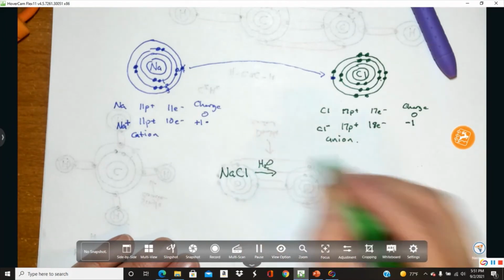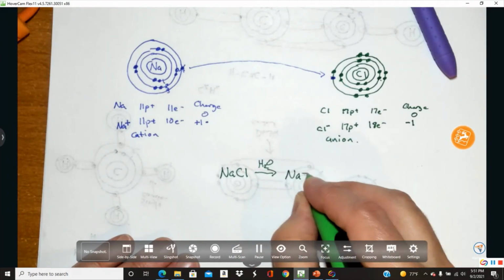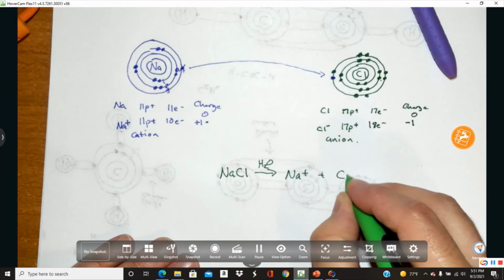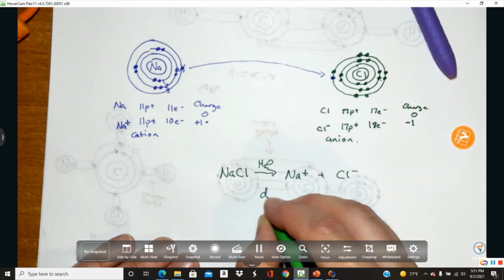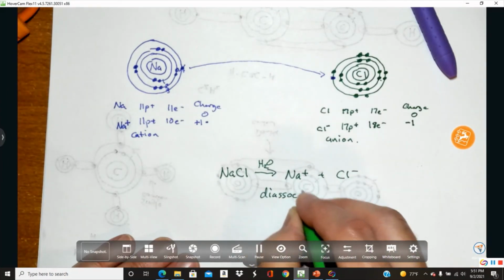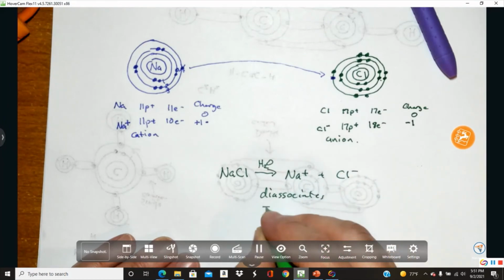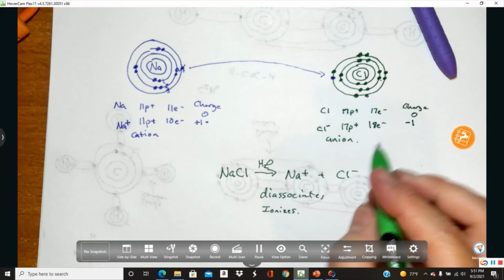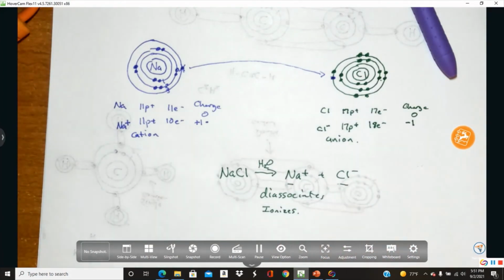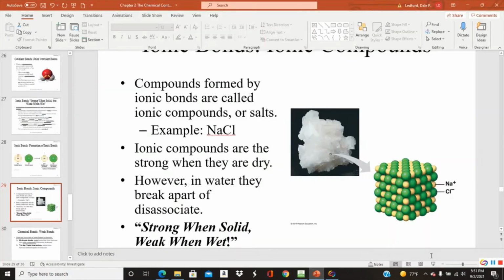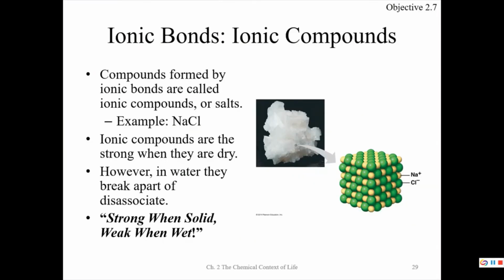It disassociates, or we say ionizes, into its constituent cation and anion in solution. This is why it's strong when solid, weak when wet. I hope that made sense.